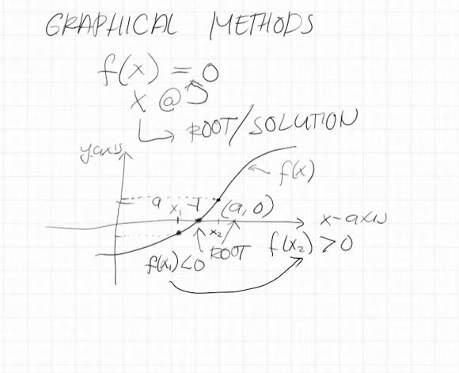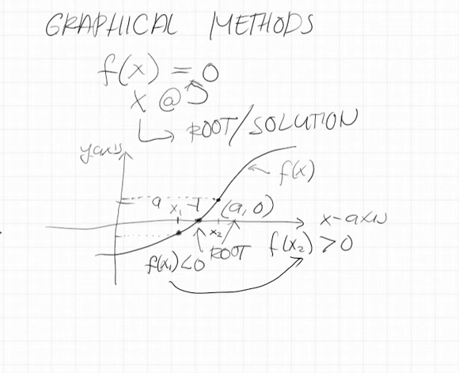This is very important for numerical methods when we are talking about bracketing methods, because we want to bracket the root, meaning we want to change the upper interval and the lower interval. The root should be within that interval.